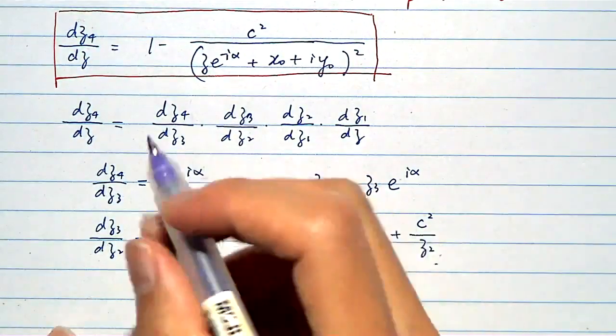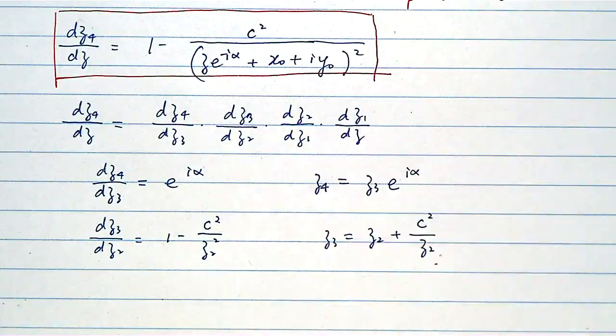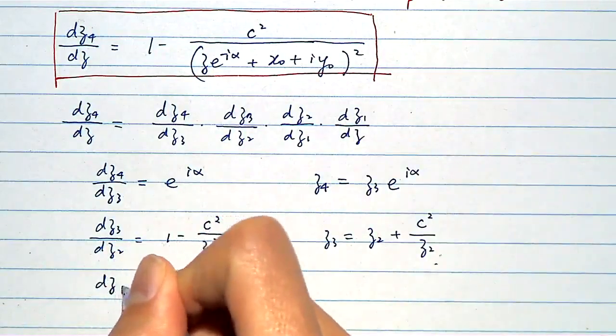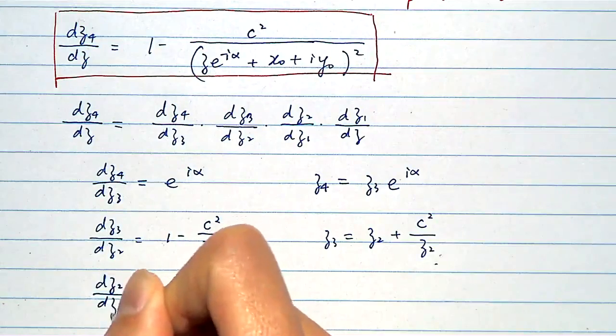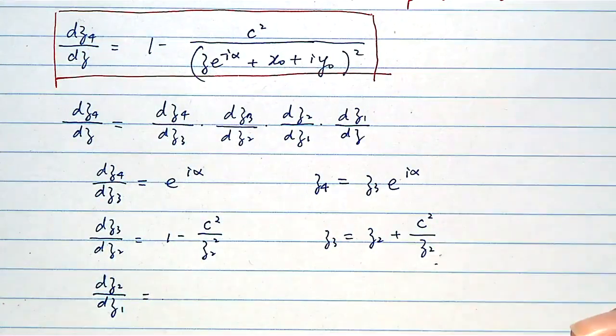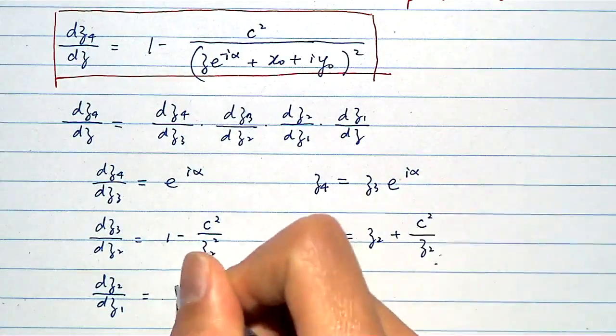Okay, and the same for the other two. dz2 over dz1 is just another, this is the rotational or bodily shift. Yeah, that's the bodily shift. Sorry, I forgot. So it's just 1.